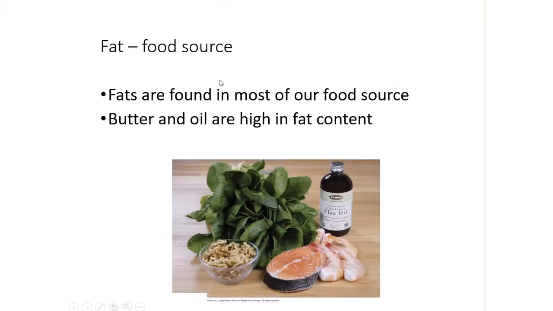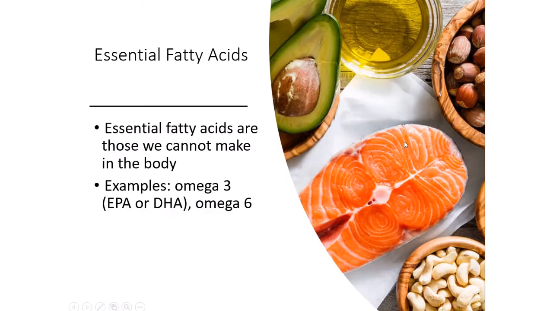So where do we get fats from in our food? Fats are kind of everywhere. You can get fat from most of the food that we consume. Some are higher in fat, others are not so much. Things like butter and oil are definitely very, very high in fat content. And there are actually some good fats.